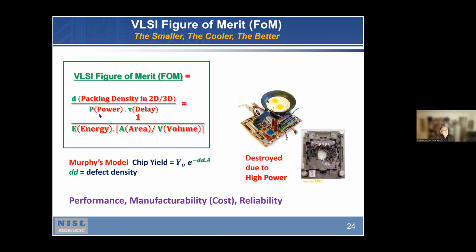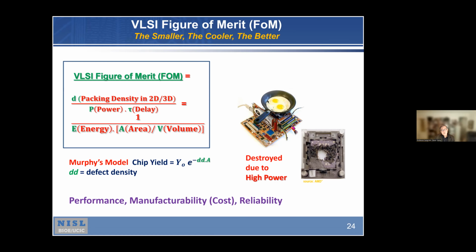You want to reduce power, and you want to reduce delay to increase the speed, so those go on the bottom. Essentially, you have 1 over energy, area, or volume. If you make it cooler, the energy is less. If you make it smaller, the area is less, or even the 3D volume is less. Then the figure of merit goes up.